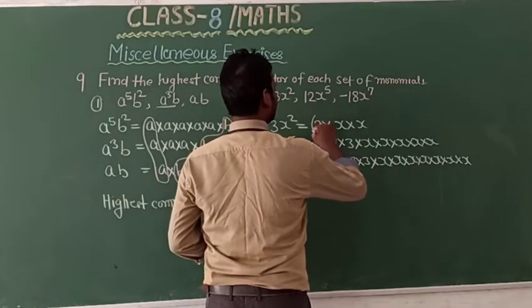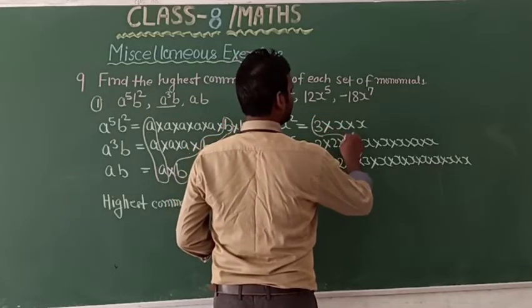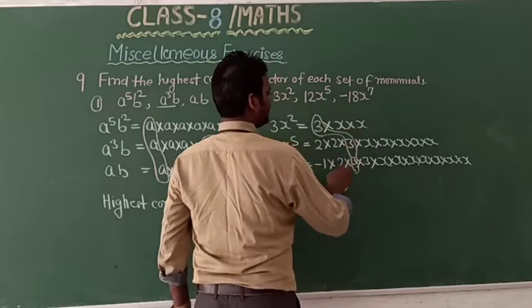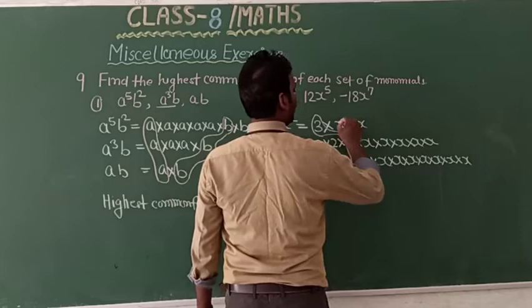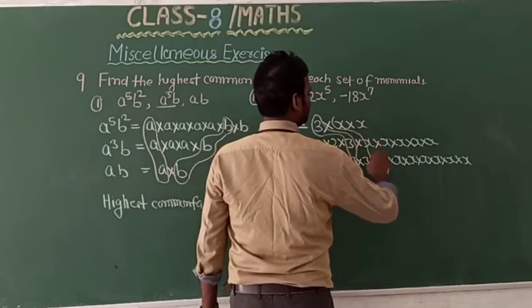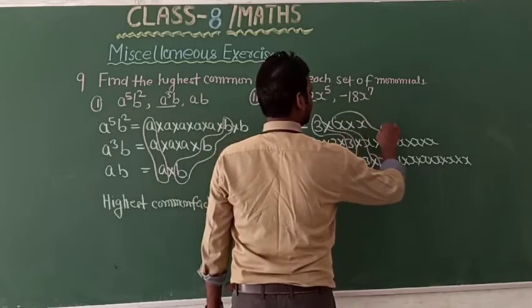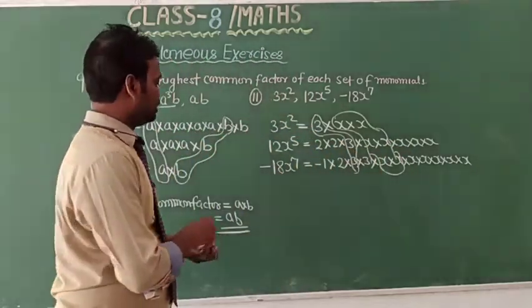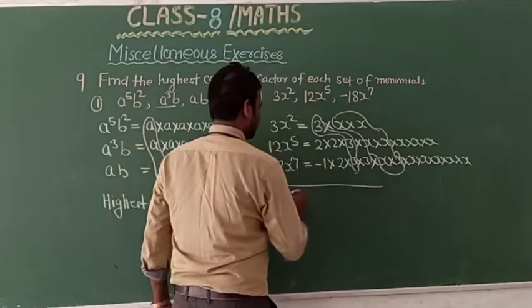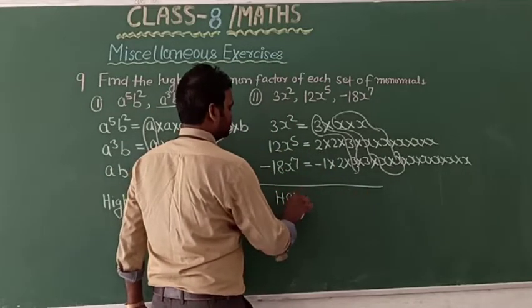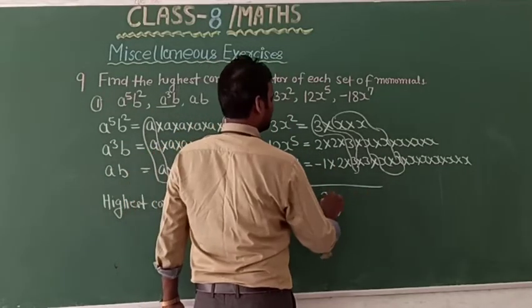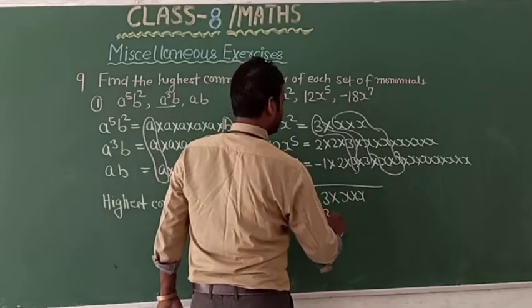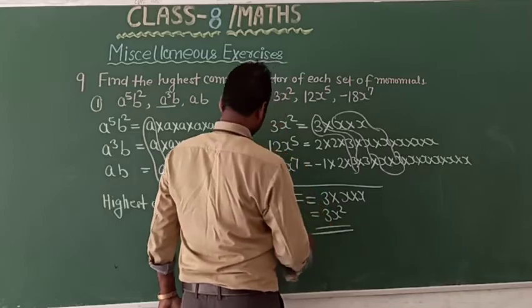We have 3 and 2 x's common. The highest common factor, HCF, is equal to 3 into the product of x 2 times, which is equal to 3x square.